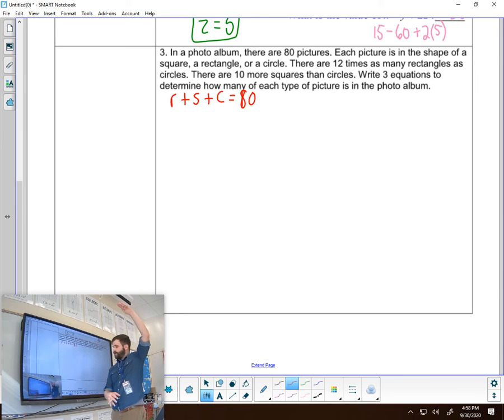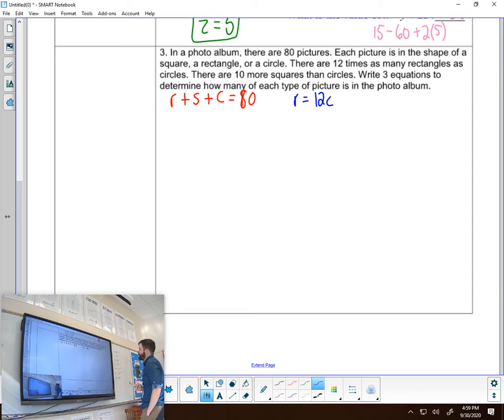My rectangles are 12 times as many as my circles are. So I have to multiply my circles by 12 to get it up there. So my second equation is going to be this: rectangles equals 12 times C.